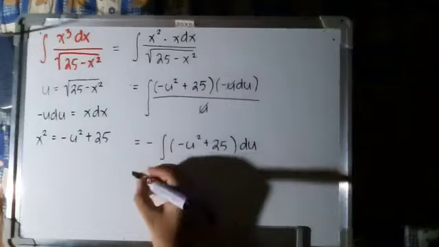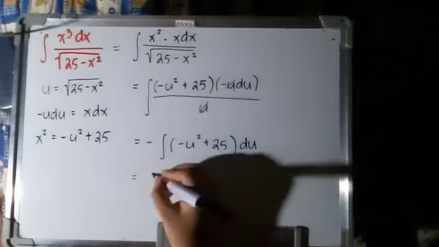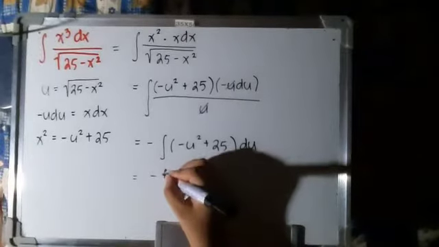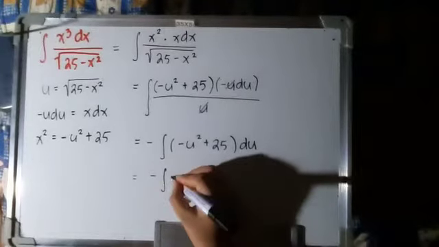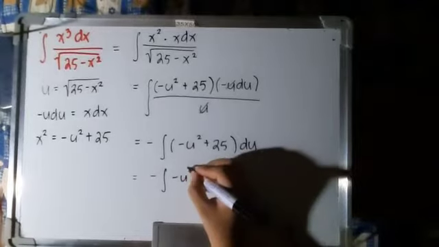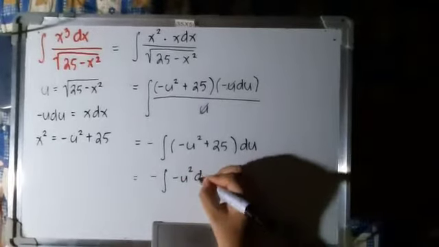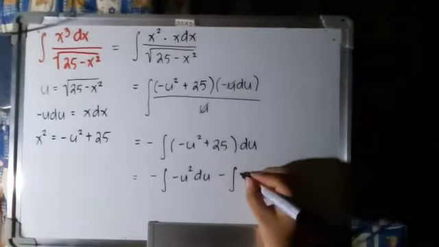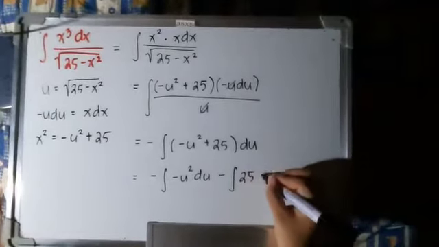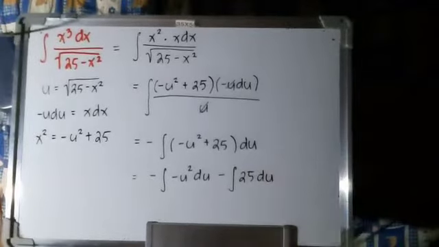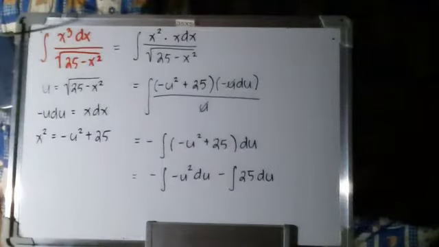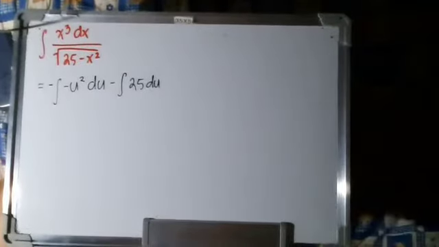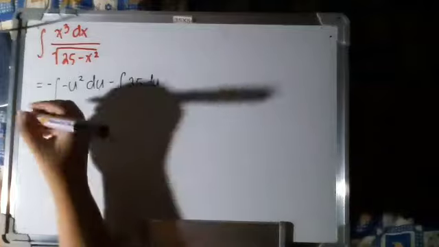So, we can say that this will be negative integral of negative u squared du minus integral of 25 du. Magbubura lang ako ulit para maitaas lang natin to doon. So, ayan. So, integrate na natin to.